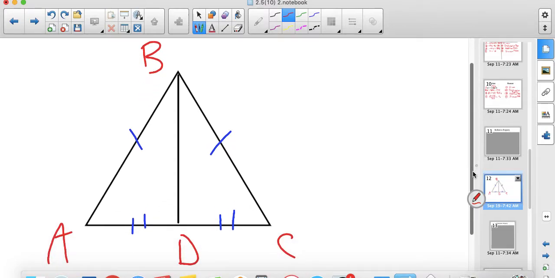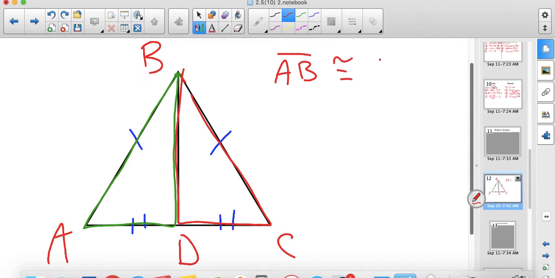To be congruent, the 3 sides of one triangle, so this left-hand triangle, have to be congruent to the 3 sides of the right-hand triangle. Well, right now, AB has a single tick mark on it, and CB has a single tick mark on it, so they're congruent.